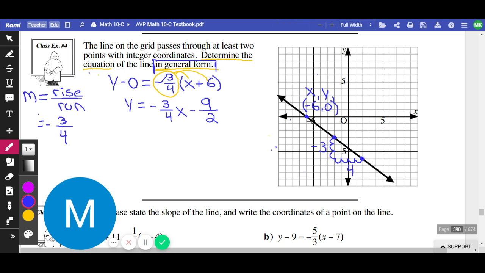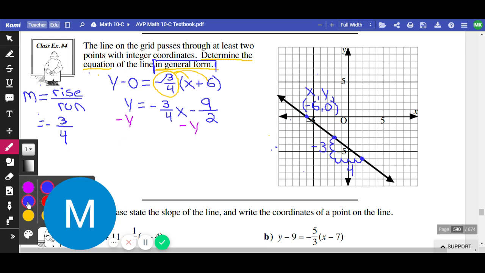Fantastic. So we expanded. This is now slope-intercept form. We want general form. General form is equal to 0. We're really close to equaling 0. Right now we're equaling y. Remember last week we learned to get to general, we just subtract y to the other side. So minus y, minus y.